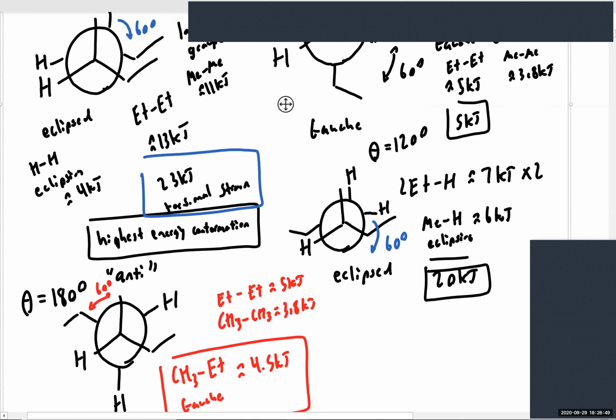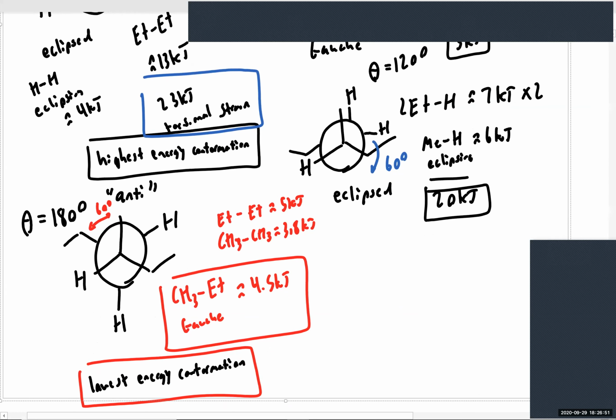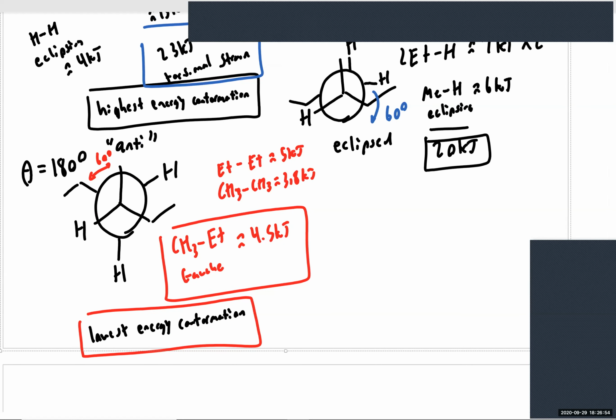If you want to draw your lowest energy conformation, you draw the anti-conformation, where you have your bulkiest substituents separated by 180 degrees dihedral angle. Does that idea make sense?